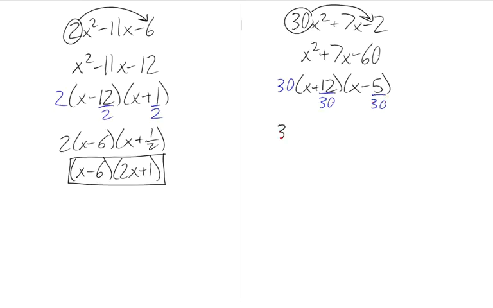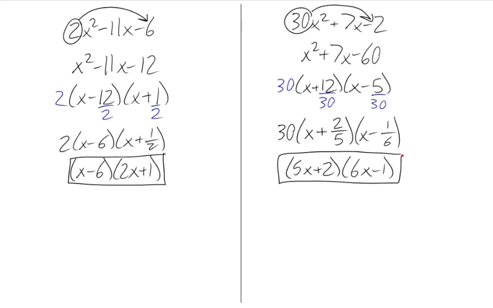Alright, so we get 30 times, looks like this reduces to 2/5. Okay, so this is 2/5, divide everything by 6. And this one is 1/6, dividing everything by 5. Alright, so I'm going to multiply the first term by 5 and the second term by 6, and that makes up the 30. So I get 5x plus 2 times 6x minus 1.